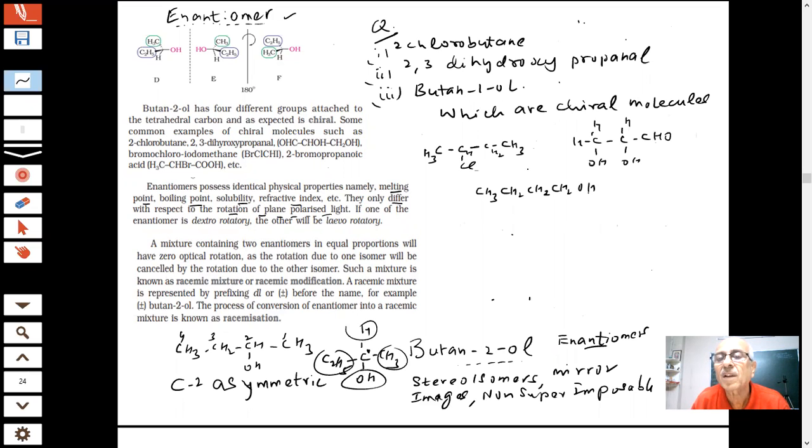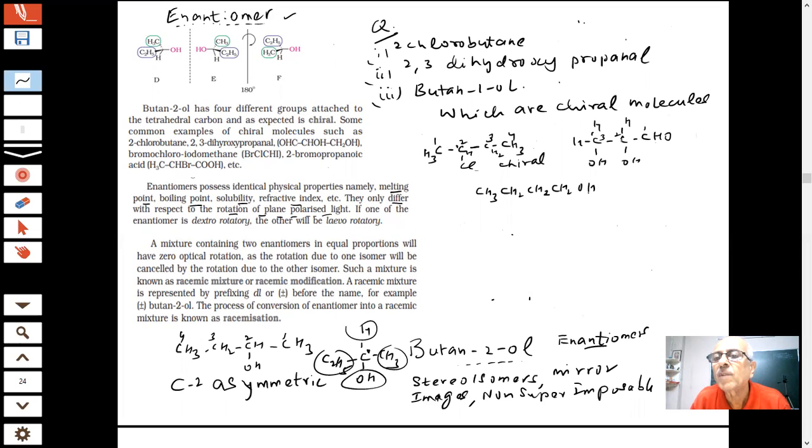Which carbon is chiral? Sir, the second carbon, I think. 1, 2, 3, 4. This carbon has got 4 different groups. Yes, sir, this is chiral. What about this? Sir, I don't think this is chiral.